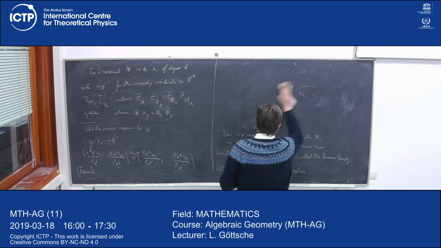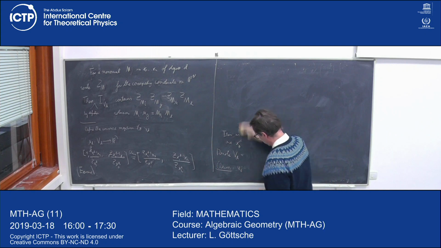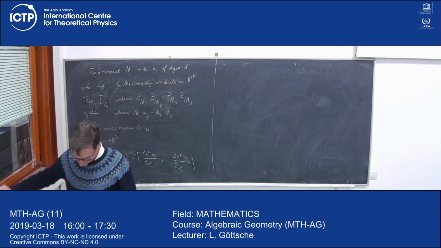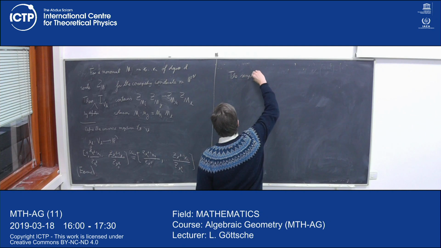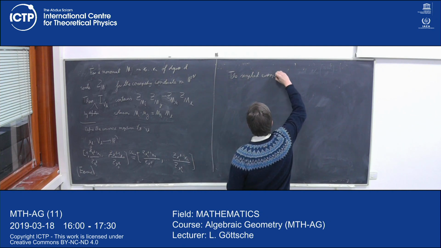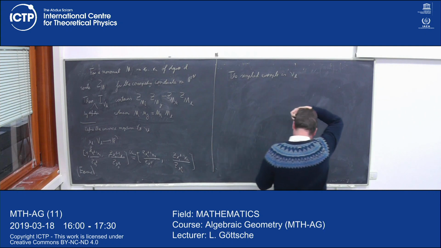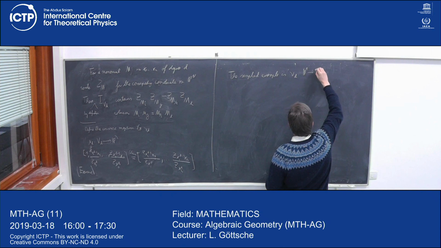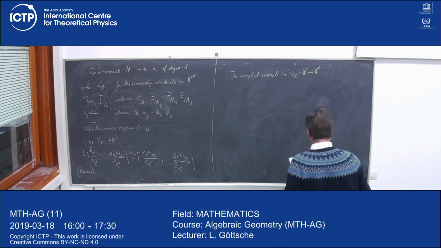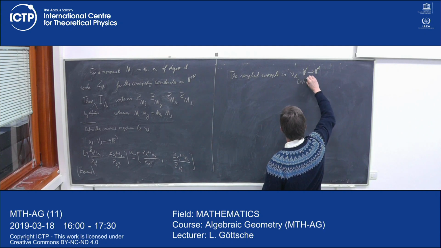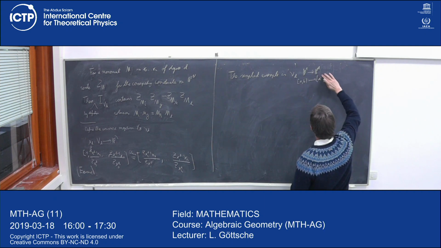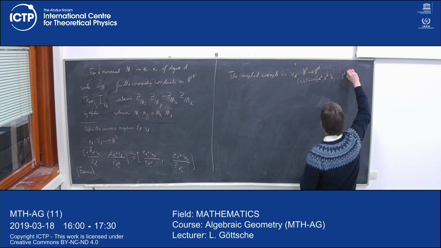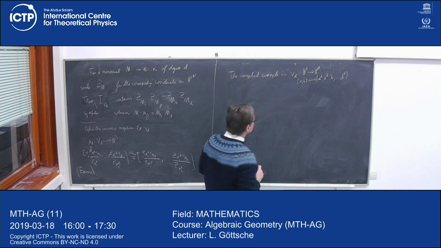But first, let me look at the simplest example, namely mu d from P1 to PD, and so according to our definition, we send point AB to A to the D, A to the D minus 1 B, and so on until B to the D. And the image is called a rational normal curve.